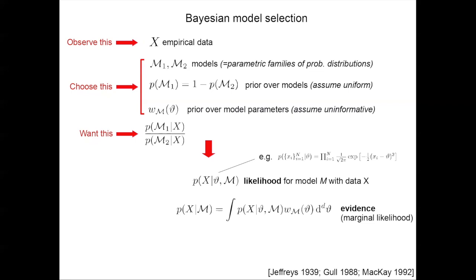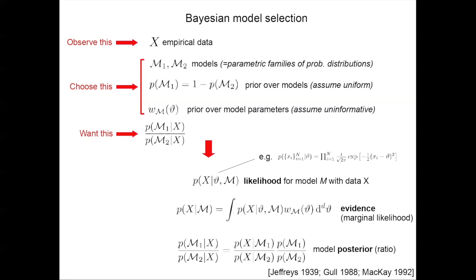Okay, so why is this object important? It is important because, remember, we want to compute this ratio here, but just by basic application of Bayes' theorem, you can write it as a product of a ratio between these marginal evidences, times the ratio of the priors.